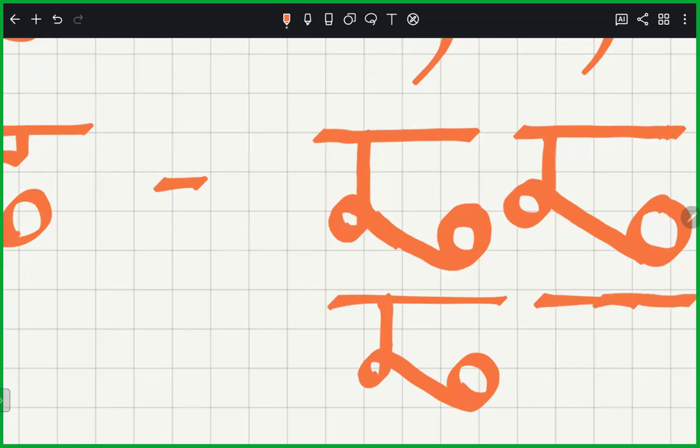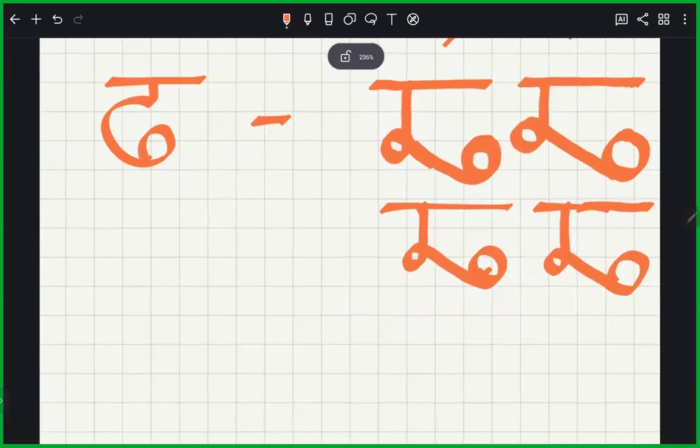So you might tend to make both look like this. No, it's not like that. Don't make it so; this round is a little smaller than this. Okay, here. A smaller round, then you go down further, you make a bigger round to make dha.